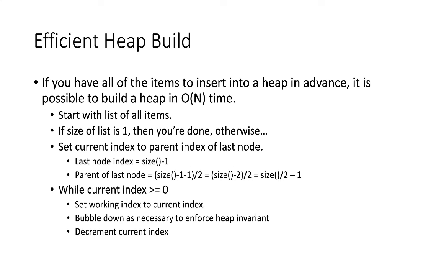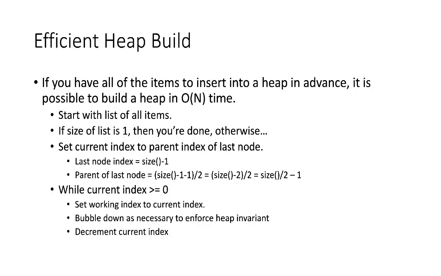And keep doing this, basically working your way up to the root, bubbling down and fixing the invariant as necessary. It turns out that this algorithm will in fact build a heap in order n time.